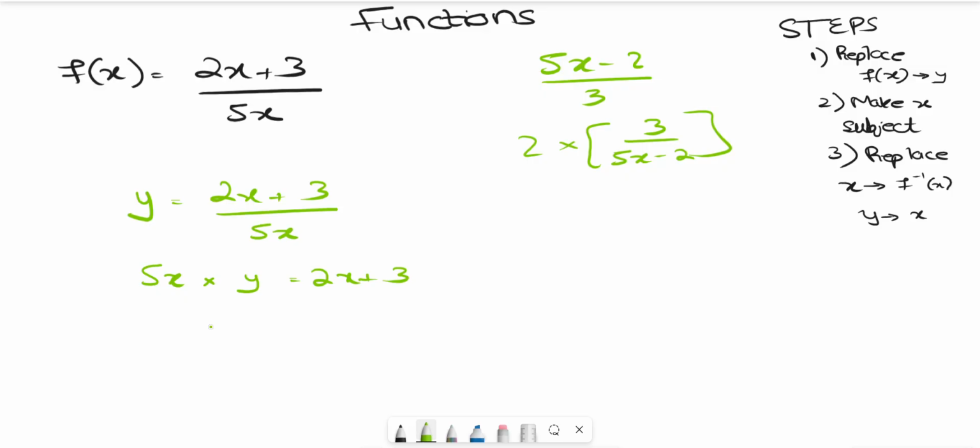Now, what we should do is make x the subject of the equation. Instead of writing it like this, can I write it like this? 5xy equals 2x plus 3? I definitely can. Okay. 5xy minus 2x equals 3. Is that clear so far?